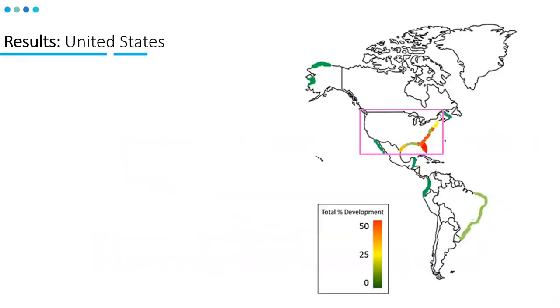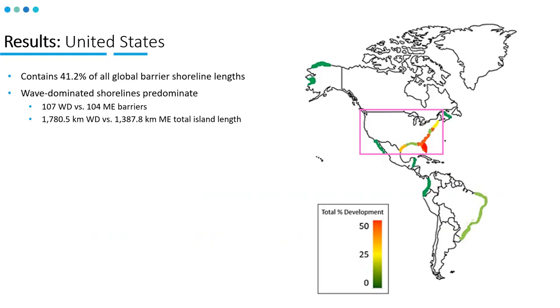The United States really stood out in this study in that it contained 41.2% of all global barrier shoreline lengths, with wave-dominated shorelines predominating. There were 107 wave-dominated versus 104 mixed energy barriers. This isn't a huge margin, but it was important to note that there were more wave-dominated than mixed energy barriers along the United States.